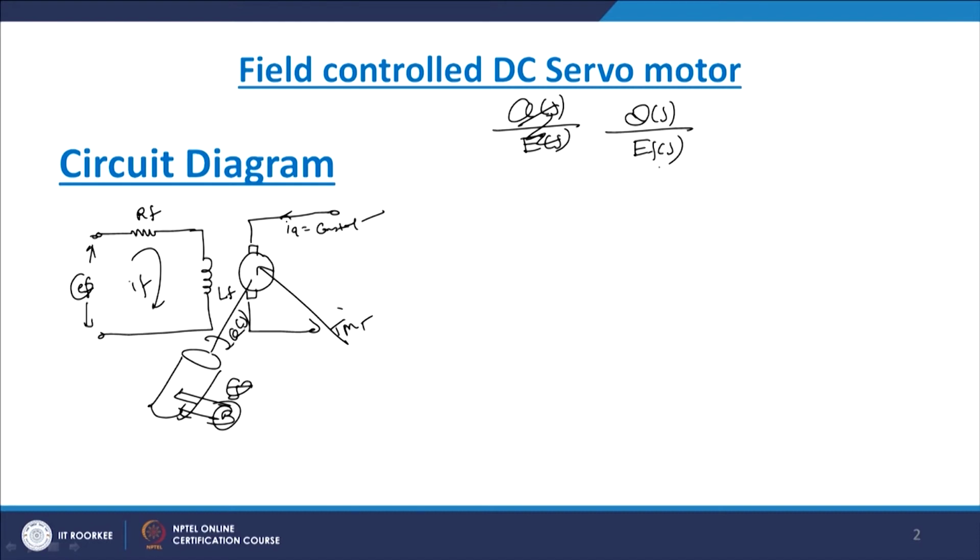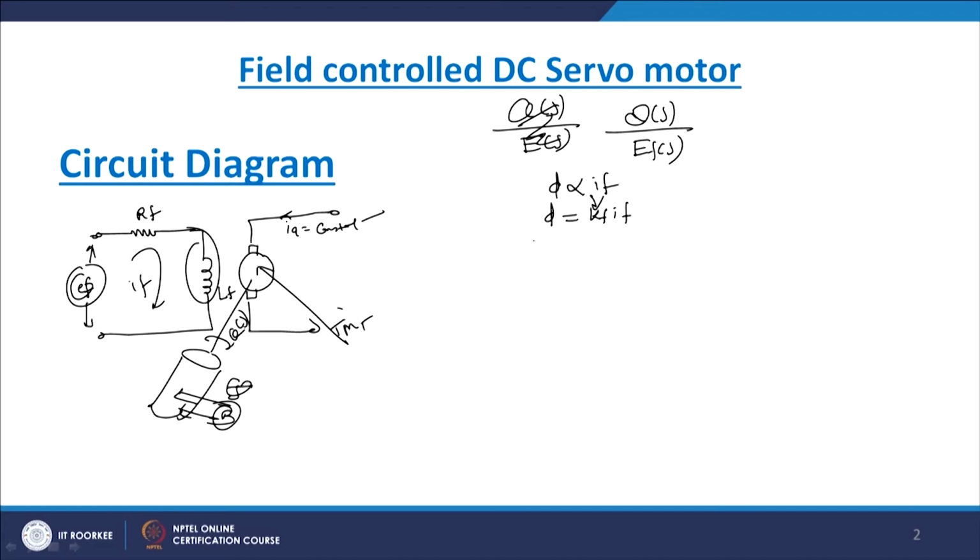First of all, we see that the flux is produced because of this EF, that is, the field current is produced, and because of this field current we get the flux. Therefore, the flux is proportional to the field current, so flux equals Kf into If. This proportionality constant is replaced like this.